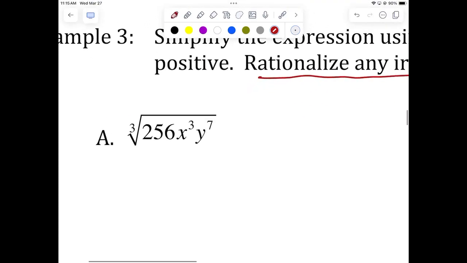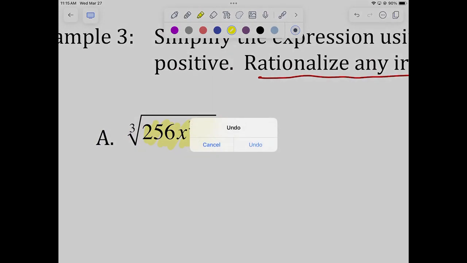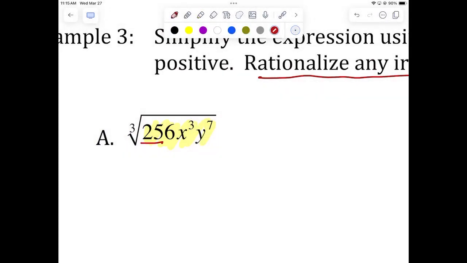Step 1, I have the cube root of a single term. There are 3 factor groups in there. I have the number, the x, and the y. I'm going to take the cube root of each of them. But again, what I'm going to do with the number is leave the cube root intact, and what I'm going to do with the variables is write it as an exponent. We think better with radicals on numbers.